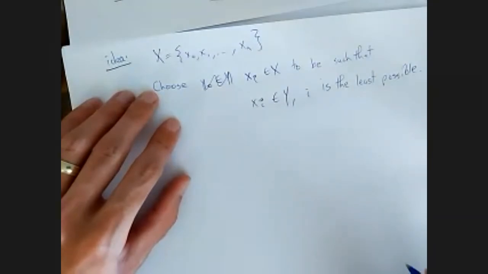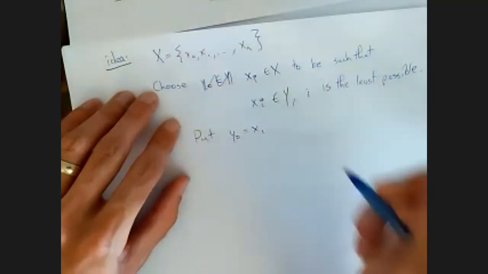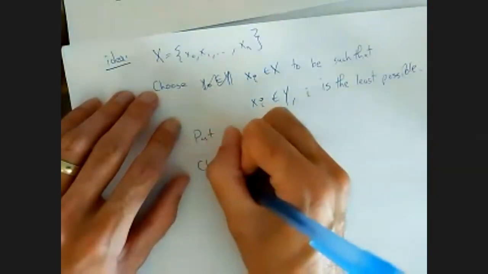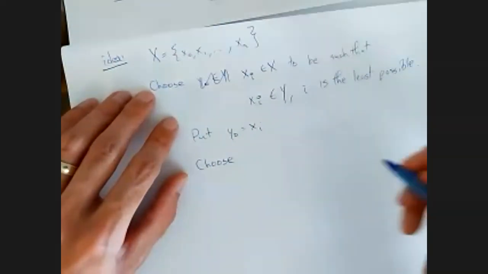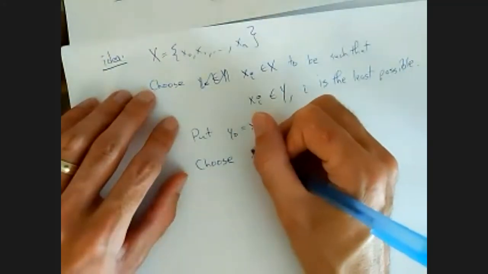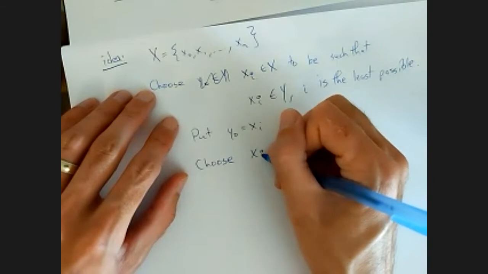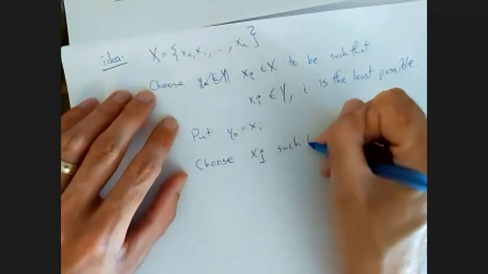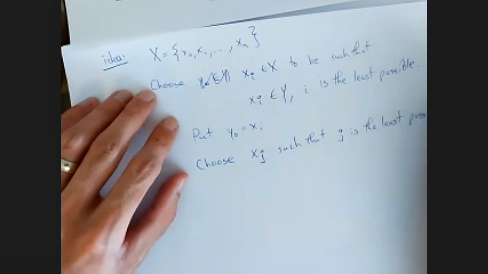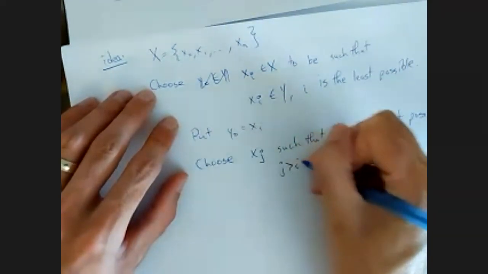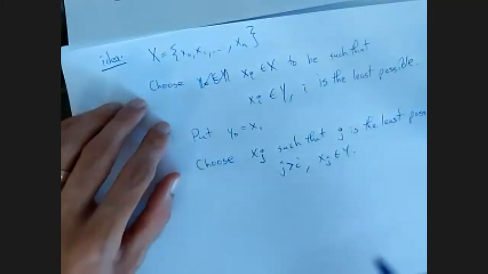And then you put Y0 equals Xi. And then choose your next one, Xj, such that j is the least, where j is greater than i and Xj is in Y. And just keep on doing that.